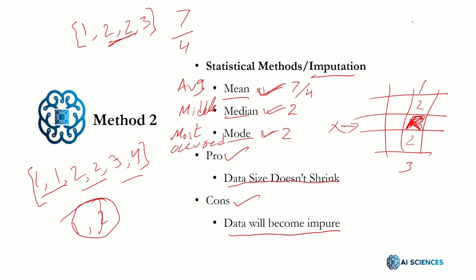But if you have values of, let's say, some patients, where 0 denotes that the patient doesn't have cancer and 1 denotes that the patient has cancer, if you replace it with the mean, it will show a value something like 0.5. That is not good enough. So maybe you want to replace it with the mode, because 1 is occurring most of the times.